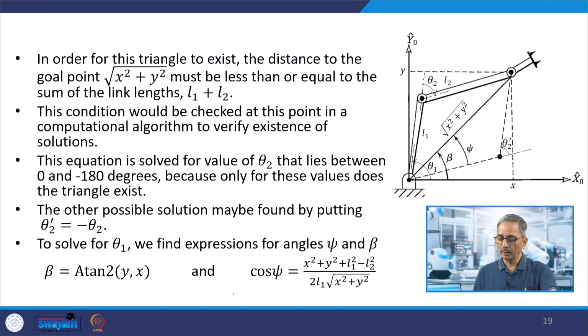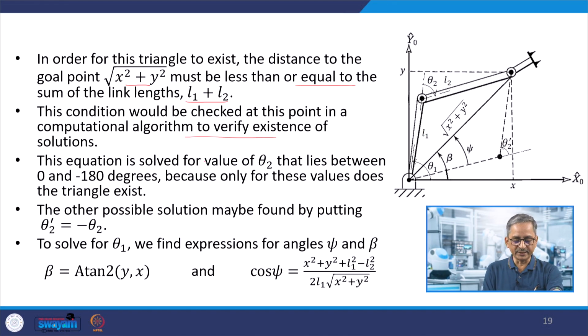Now, in order for this triangle to exist, naturally the distance of the goal point, which is this one, must be less than or equal to the sum of the link lengths. That is, your goal point has to lie in the workspace of the manipulator, and this condition could be checked at this point in a computational algorithm to verify the existence of the solution.